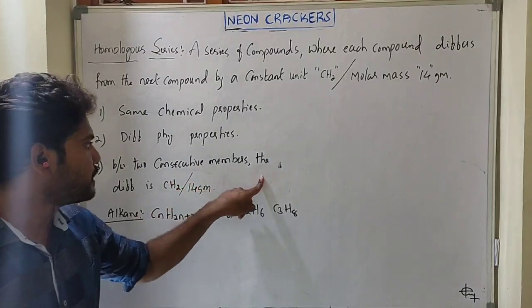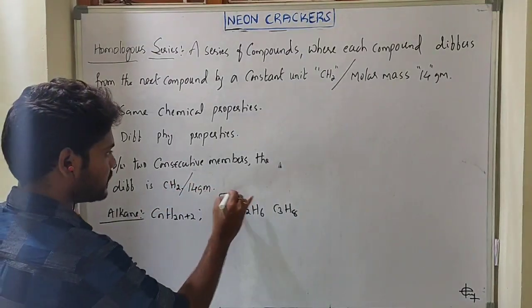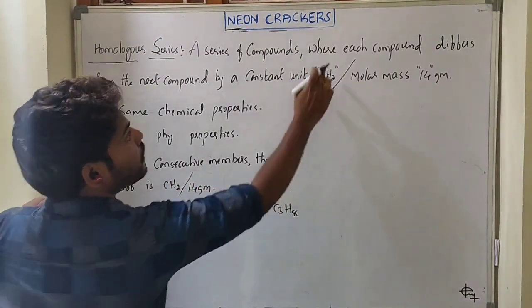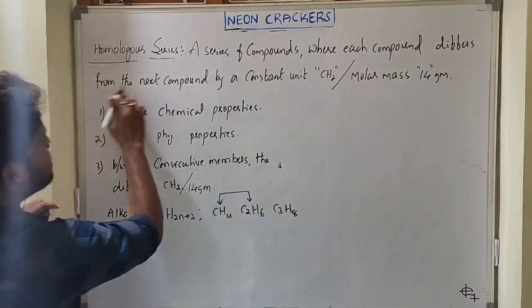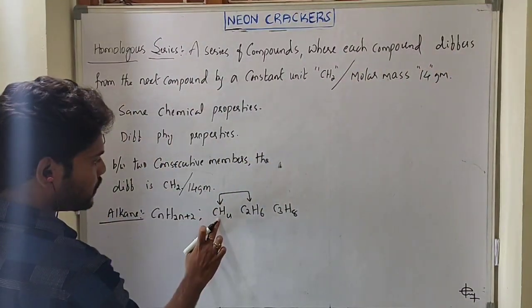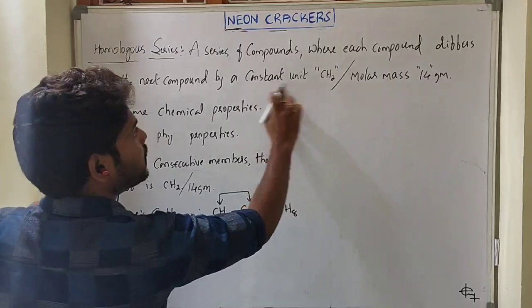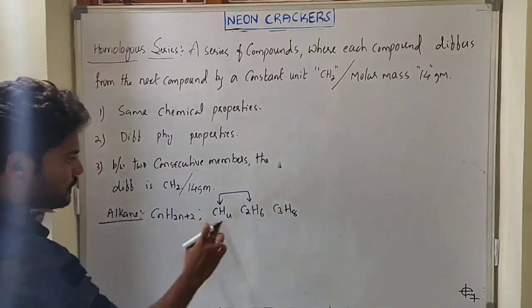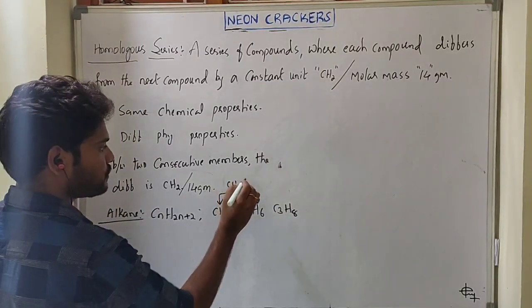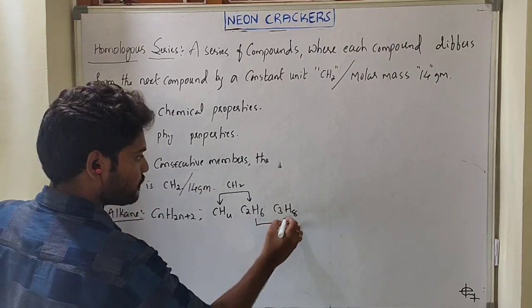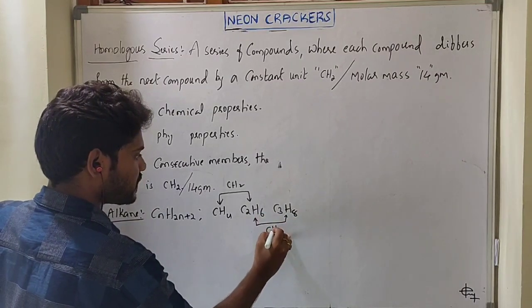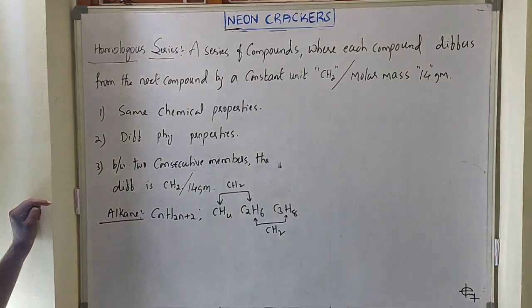What is the third condition? Between two consecutive members, meaning adjacent, each compound differs from the next compound by a constant unit CH2. If we check, we are getting the constant unit CH2, and from here to here, consecutive members, the difference is also CH2.